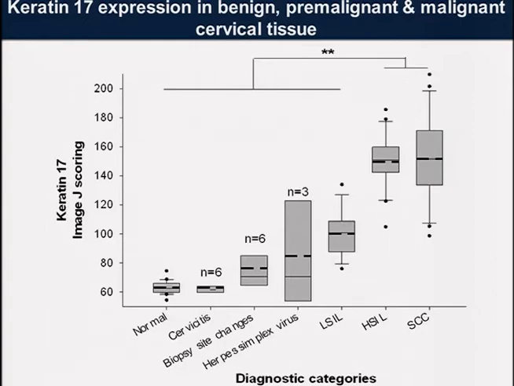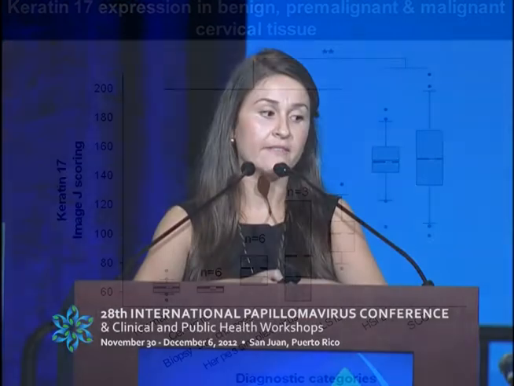LCIL is the productive HPV infection. When we compared the expression of keratin 17 in HiCIL and SCC versus the other benign or premalignant conditions, LCIL, or infection with herpes, we determined that the expression of keratin 17 was statistically significantly higher in HiCIL and SCC versus the other conditions.